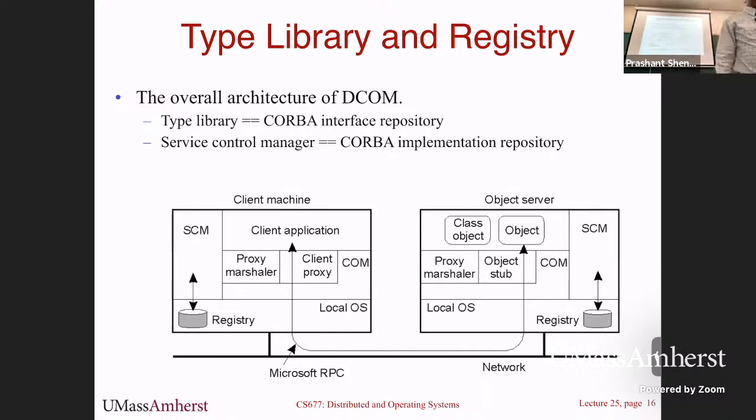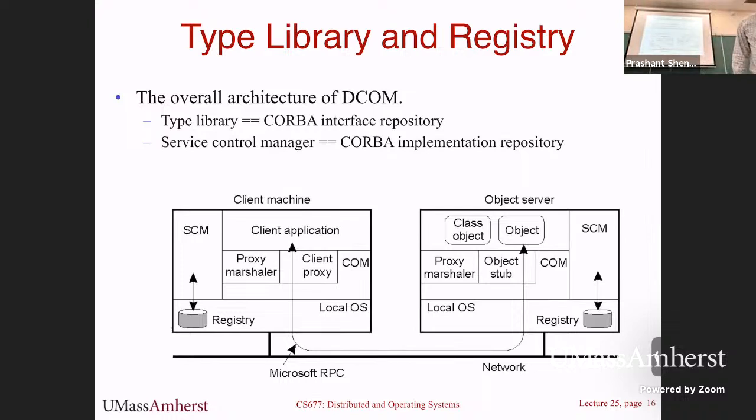Okay? Not very different. There are two things here. There's a type library that's equal to CORBA's interface library. An object is going to register its interface with the interface repository. When the client wants to access it, you go and access it. So this is playing something similar to what a name server would do for us, except that you registered the entire interface, not just the name of the process, into the registry.